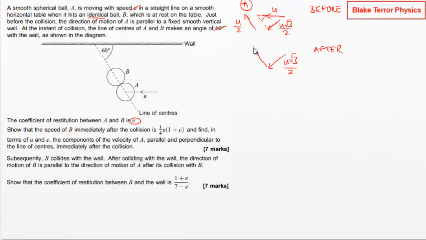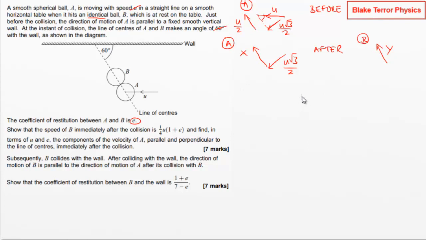But we don't know what's happening in this direction. It's changed from u over 2 to some unknown, which we're going to call x. And so that's for A again. And then for B, well, it's not going to be moving at all perpendicular to the line of centres. It's just going to move parallel to the line of centres, and let's call that y.